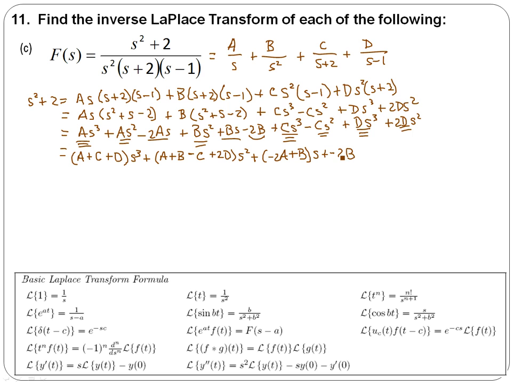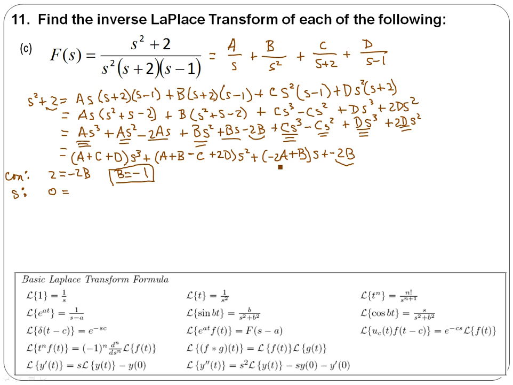Okay, so let me start by equating my constant terms. On the right side, I've got negative 2b. On the left side, that's equal to 2. So for my constant term, 2 equals negative 2b. Divide by negative 2, and we get b is equal to negative 1. And then for my s terms, I don't have an s term on the left side, so that's a 0.